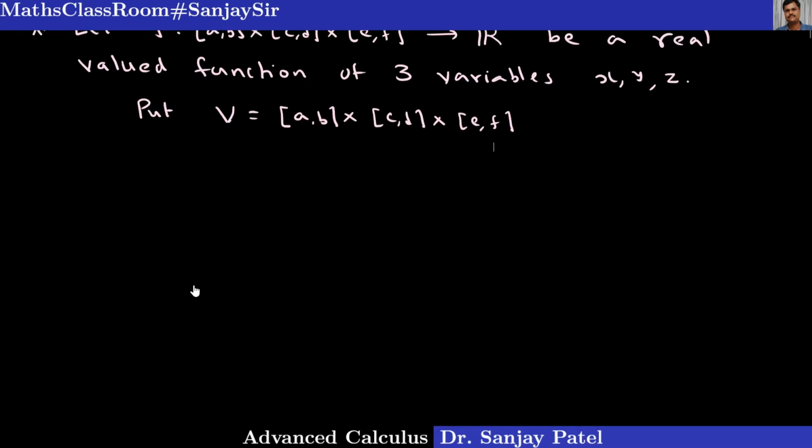Suppose we have some x, y, and z axes like this. Suppose this is the x axis, this is the y axis, origin, and this is the z axis.